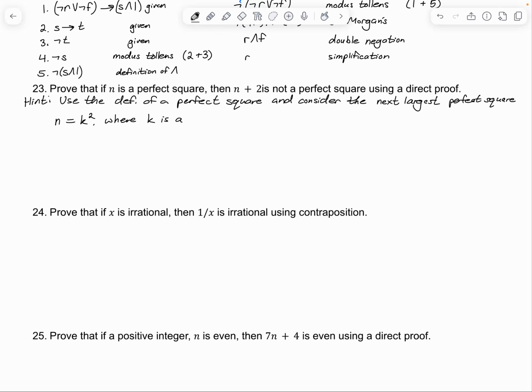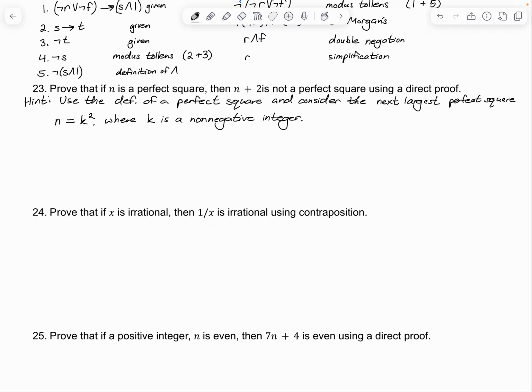I think I can make it non-zero. Excuse me, non-negative. Non-negative integer. And really, it's a natural number. But that makes it a perfect square.